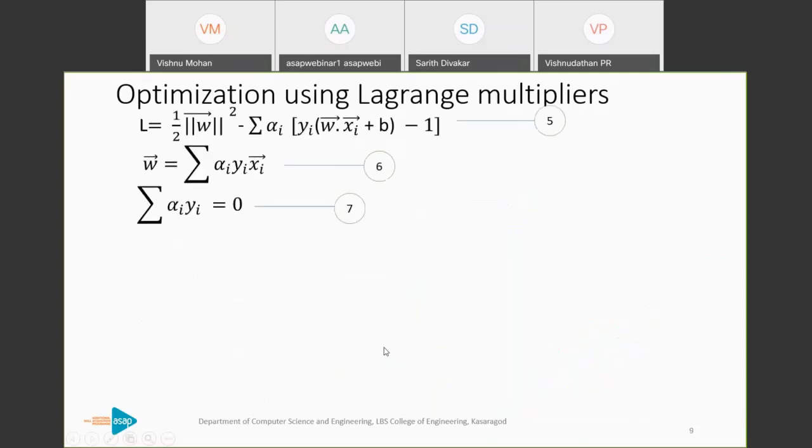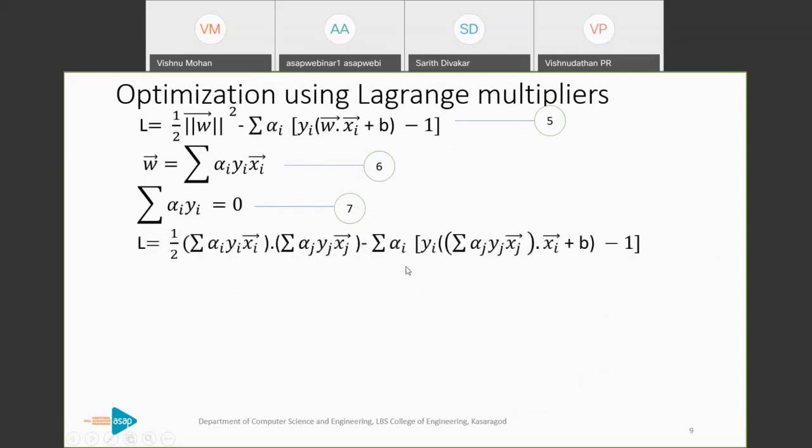Now let us summarize it. Okay, let's summarize that. So this is the Lagrangian you have. I got W and I got an expression like this. Now I'm going to substitute this W into this expression.